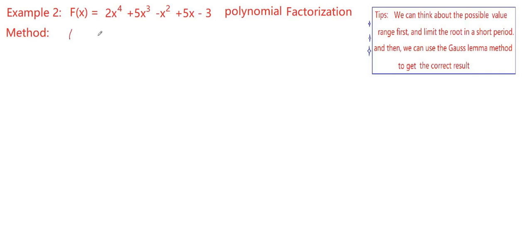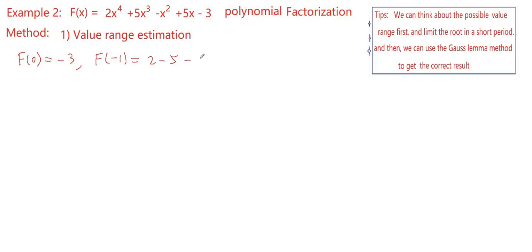The first step is about the value range. f(0) is equal to minus 3. f(-1) is 2 minus 5 minus 1 minus 5 minus 3, and it is minus 12.